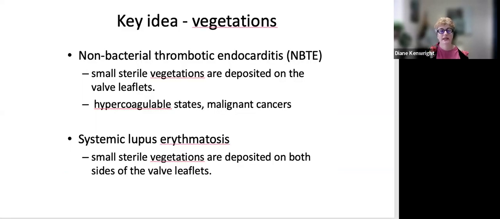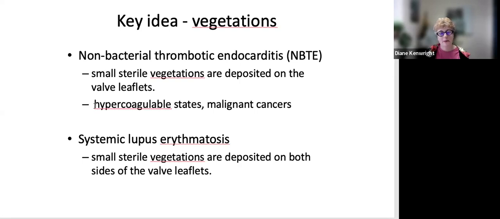All right, key idea, vegetations. We've learned about two kinds of vegetations so far. We've learned about rheumatic fever vegetations, and we've learned about infective endocarditis, but there are two other states of vegetation that you need to know about. The first is non-bacterial thrombotic endocarditis, all right?